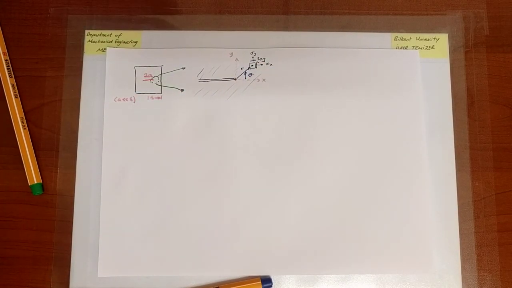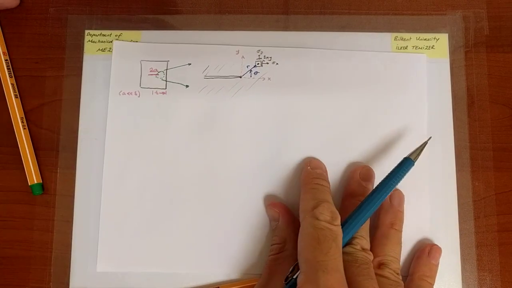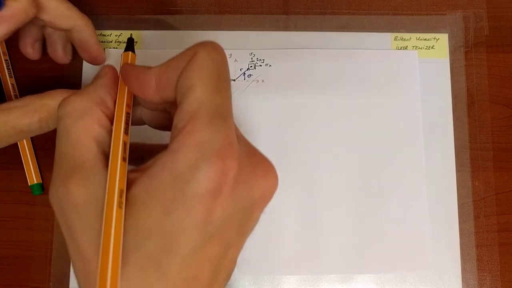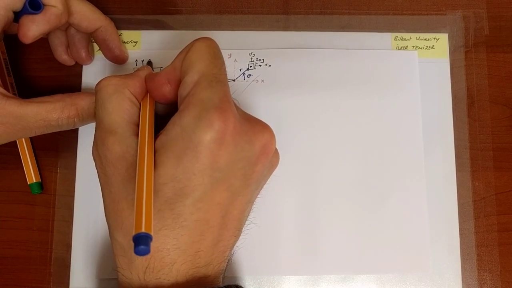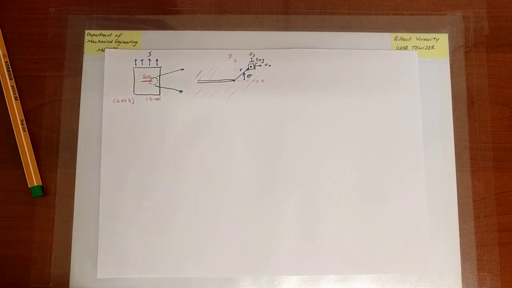Okay. Now we would like to calculate these values based on the loading of this plate, which is a far field loading through a stress S. Goes without saying, again, there is a stress distribution at the bottom portion.